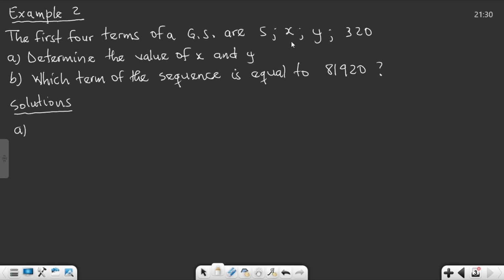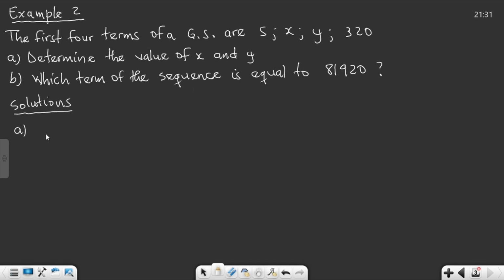Can you see x is T2 and y is T3? So x is the term after 5. If we have the common ratio, we can just multiply 5 by the common ratio and get the next term, which is x. And if we have the value of x, we can multiply x by the common ratio to get the next term, which is y. Can you see that?